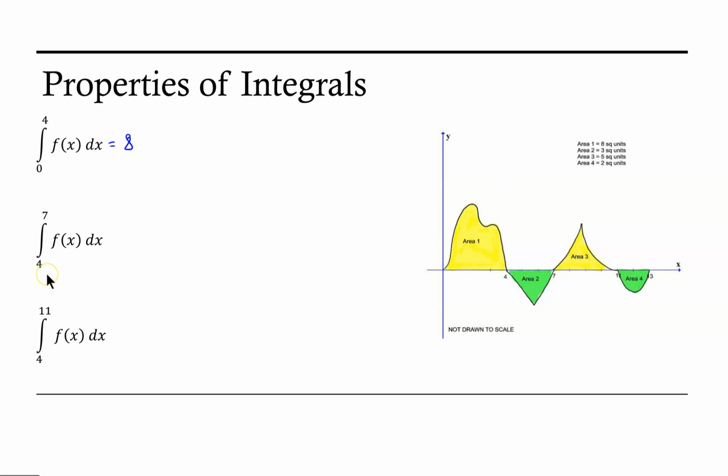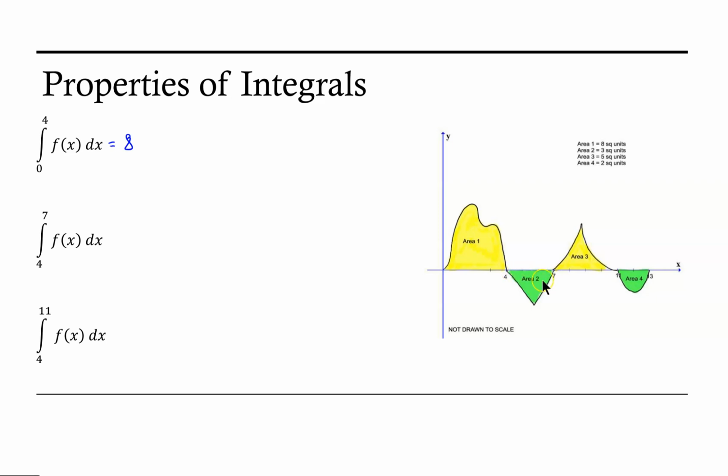Our next example is the integral from 4 to 7 of f of x dx. So this time we're looking at the interval starting at 4 and ending at 7. Looking at our graph, here is 4 and here is 7. And so on this interval, we're looking at the area between the x-axis and the function.